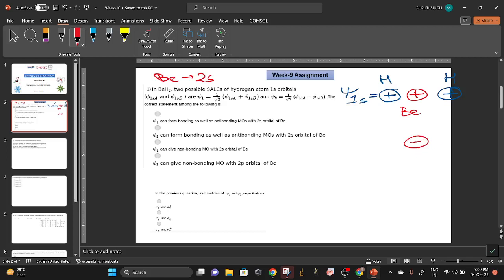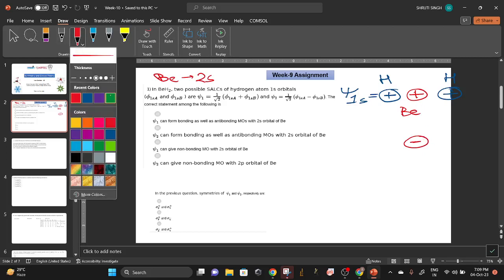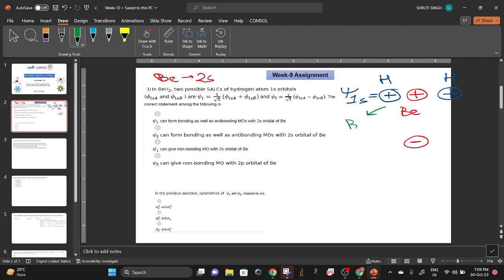So when it is the plus combination, this will form a bonding orbital. And when it is the plus minus plus combination, this will form the anti-bonding orbital.